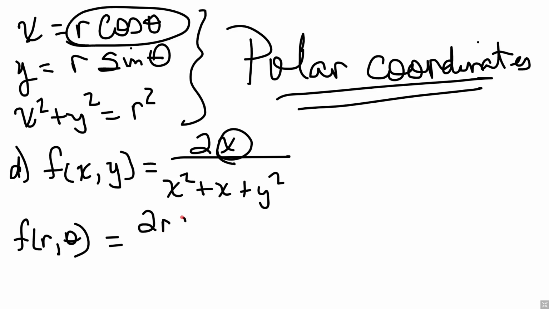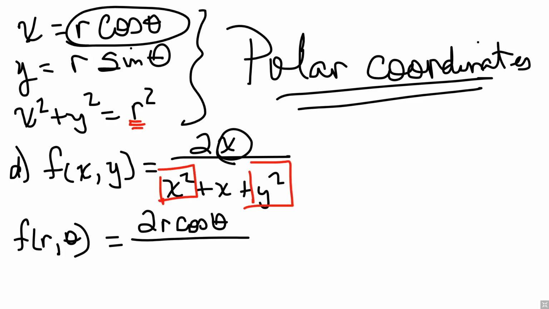I'm going to have 2r cosine of theta over. Then next, for the denominator, this plus this we know is equal to r squared. So I'm going to replace that with r squared plus, then I've got this lonely x by itself, but I know it's equal to r cosine of theta. Okay. So this is what this function looks like converted over in terms of polar coordinates. Any questions?